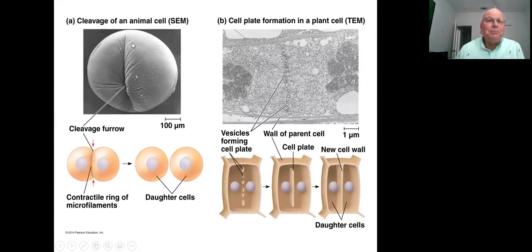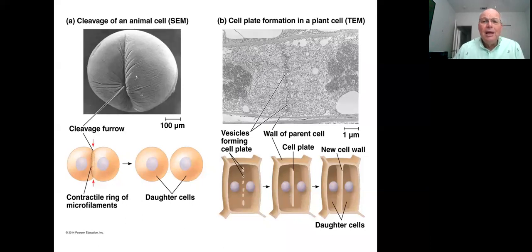So animal cells simply pinch in half, and that is the function of a ring of actin proteins, otherwise known as microfilaments, that simply pinch down in the center of the cell where the metaphase plate is located, that virtual line, and they pinch down in that region and simply pinch the cell into two daughter cells.